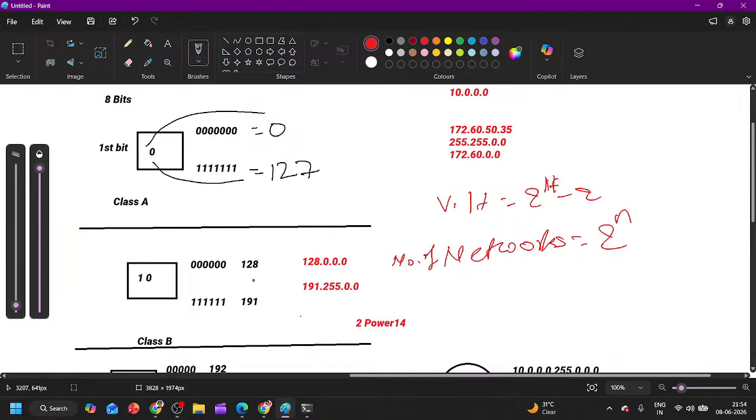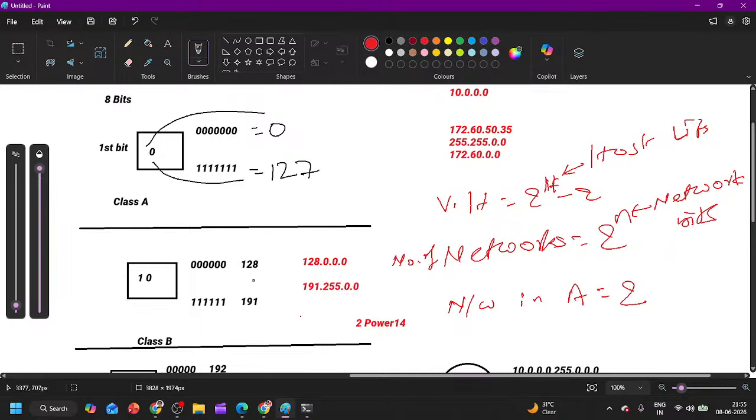This h is host bits, and this n is network bits. So if I ask you the number of networks in class A, you can say 2 power n. N for the class A subnet mask is 8.